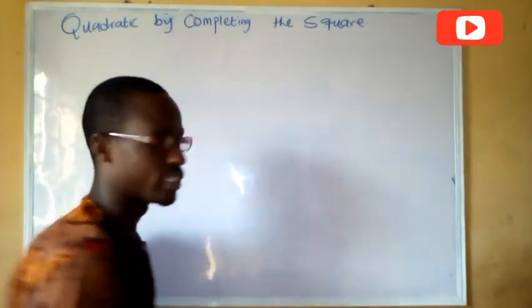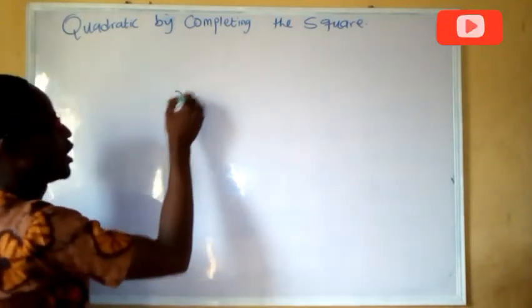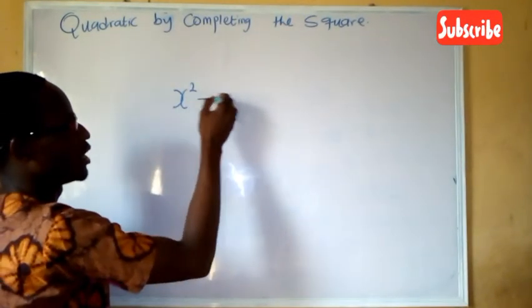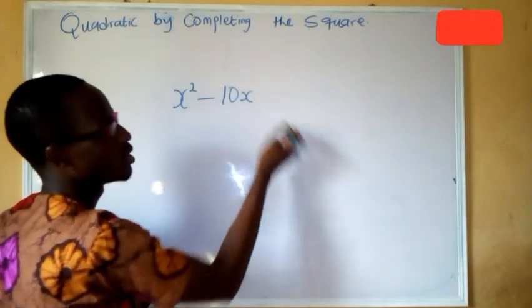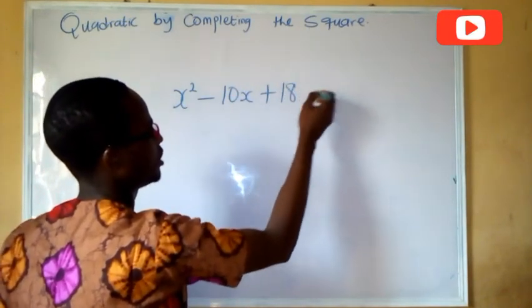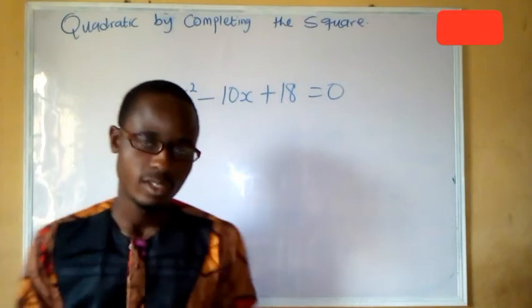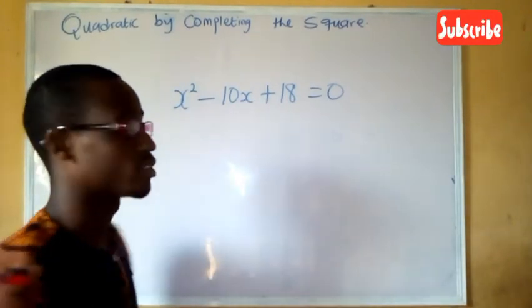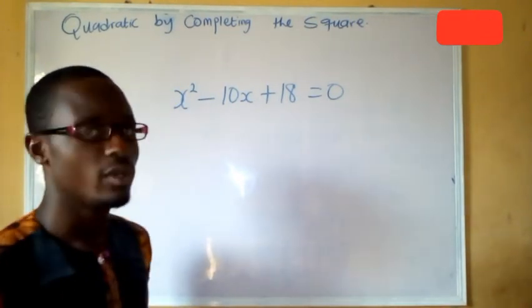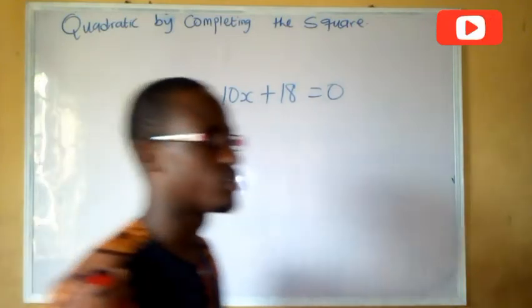So let's take, for instance, this equation, x squared minus 10x plus 18 all equals to 0. Let's see, how do we actually factorize this? Is it factorizable? Maybe I should give you a chance to factorize it.